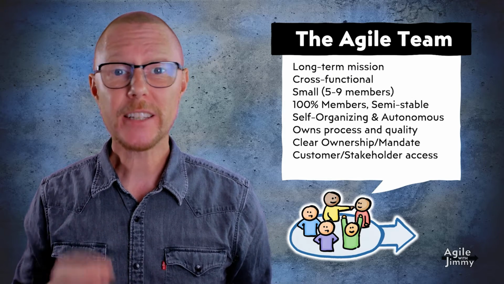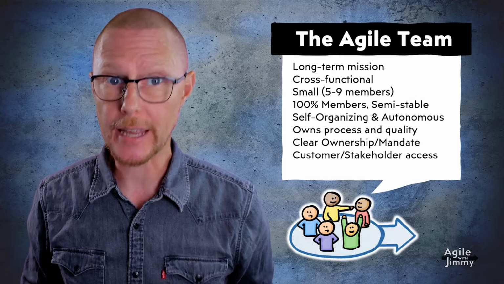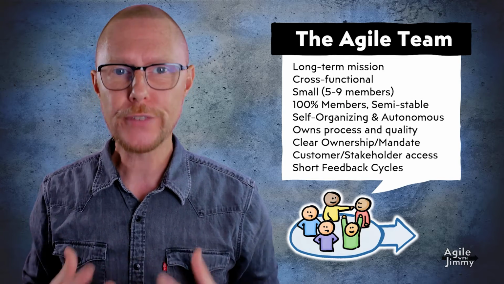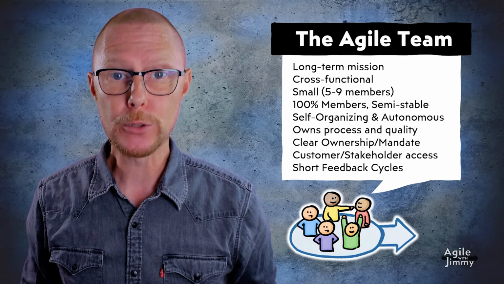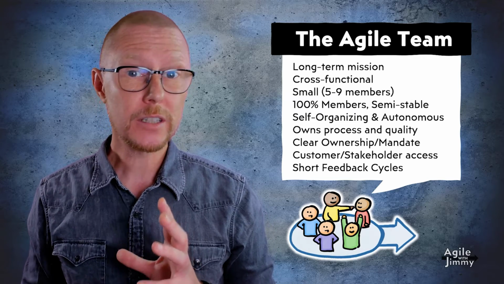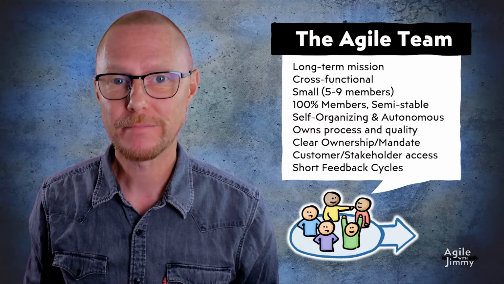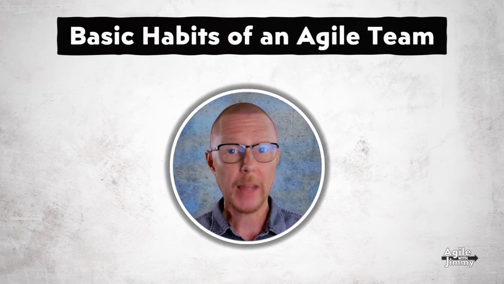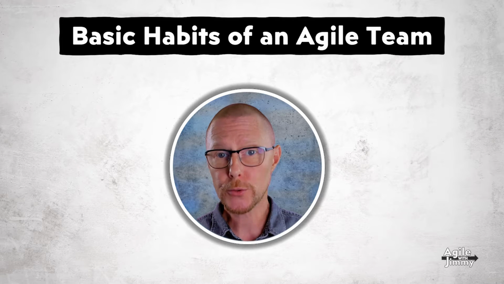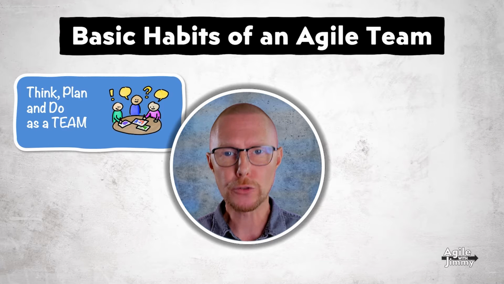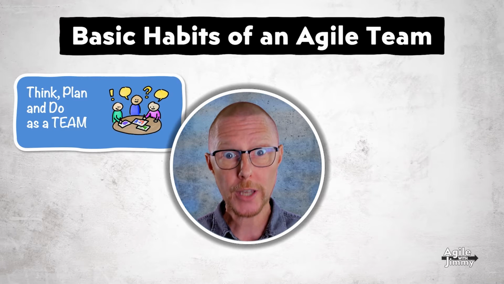They have direct and easy access to customers and stakeholders, and they relentlessly work to shorten all kinds of feedback loops to learn and improve. Impact, quality, productivity, speed to fix effects, and so on. And Agile teams exhibit at least these 4 basic traits. They collaborate, they think, plan, and do as a team, together.